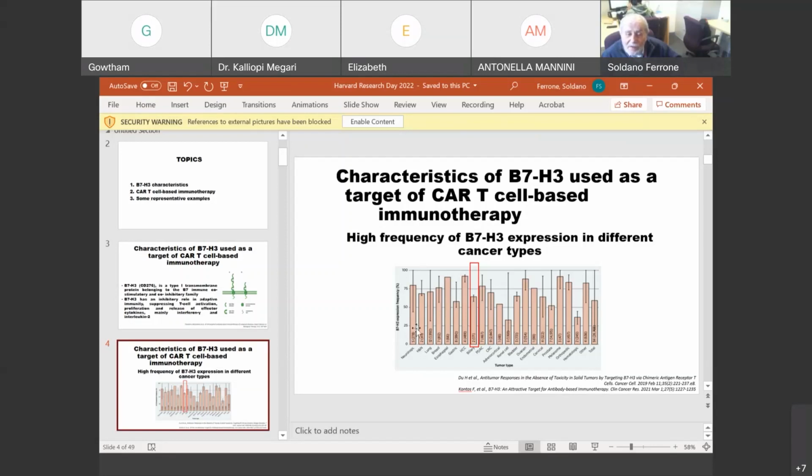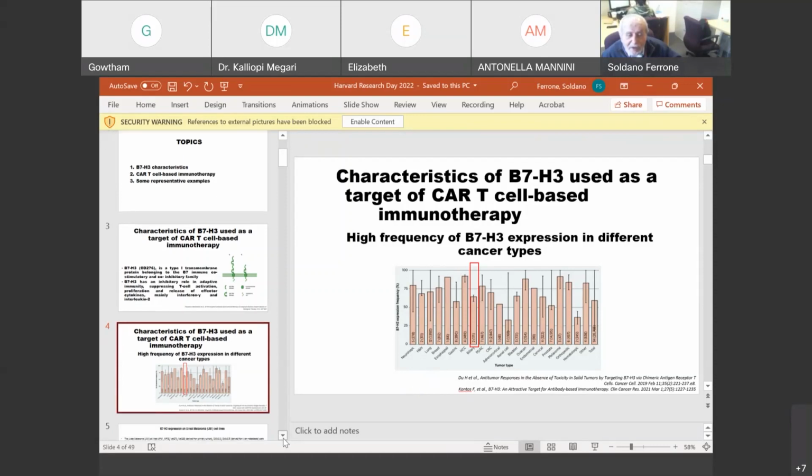And as you can see in this line, which summarizes some of our work as well as information in the literature, in most of the tumors, the frequency of expression is at least 40–50%.